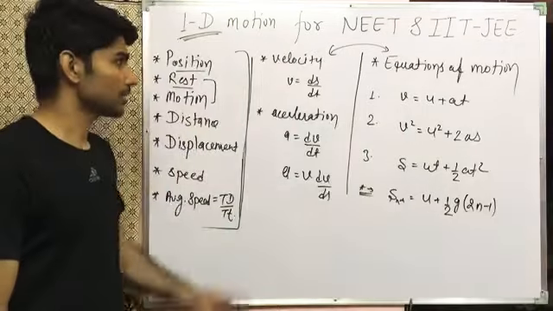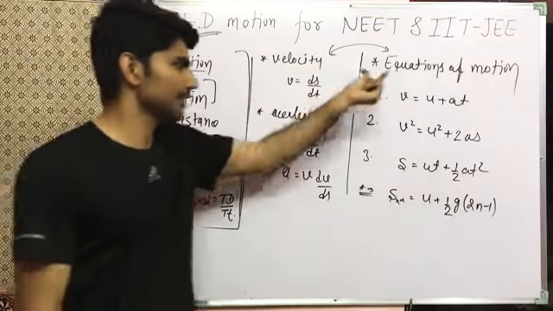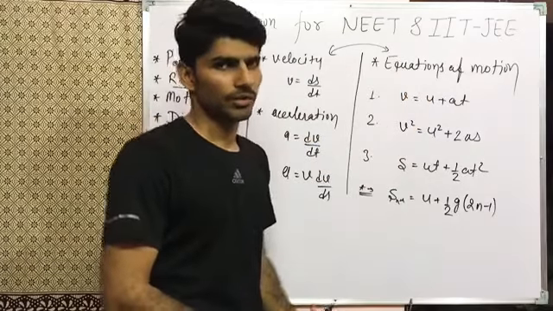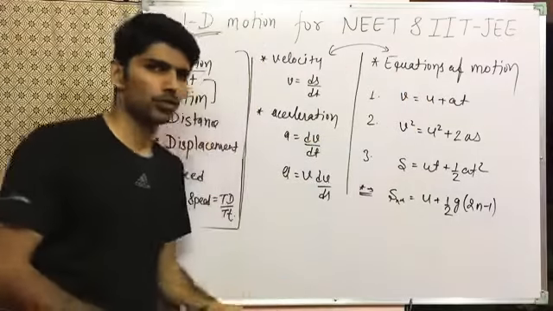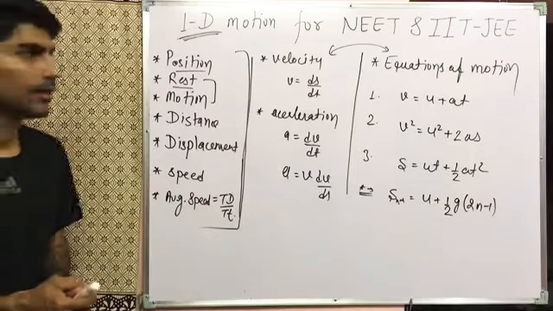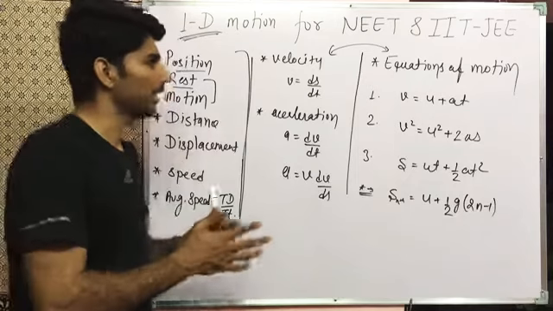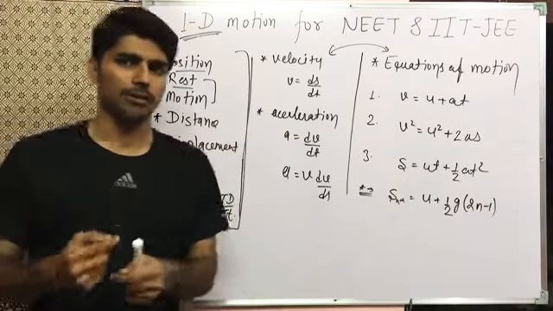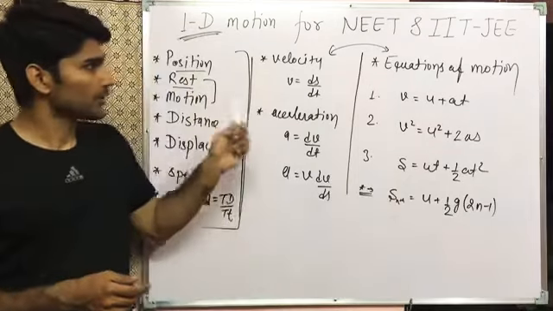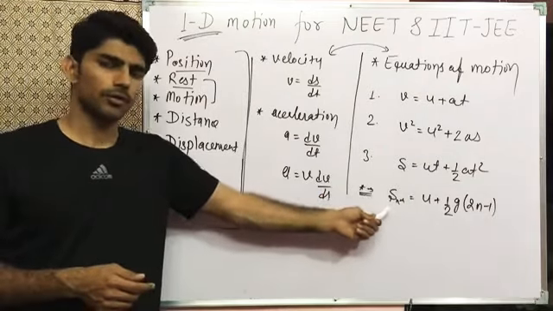In the first section, velocity and acceleration come, and in the second section, the equations of motion come. These are the two favorite sections from which most questions are asked in NEET and IIT. Both sections are very important, and every year, or in each paper, you may get a question from either one of them.